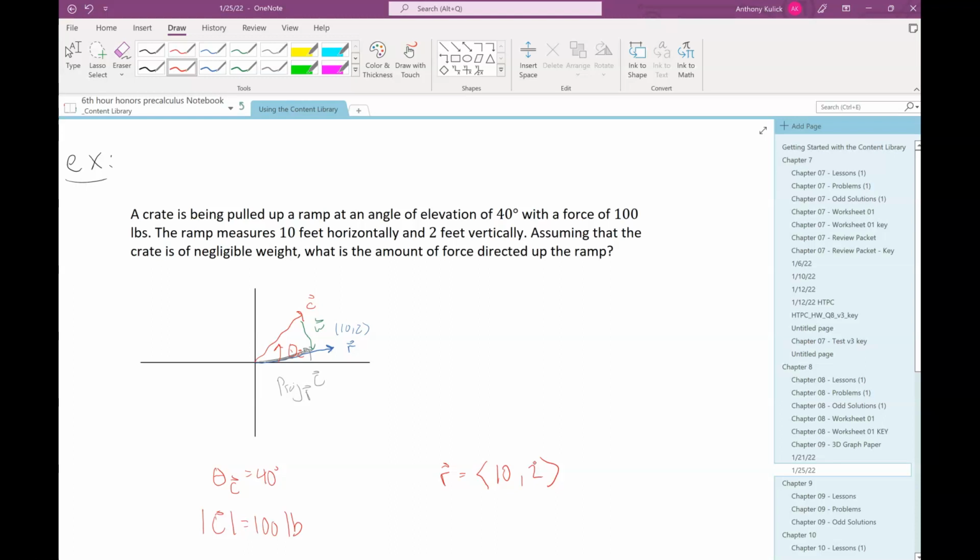Does that feel okay to you guys? What should we note here about the ramp, though? Definitely not a unit vector, right? The magnitude of this vector 10, 2 is definitely not 1. Clear as day to see that, right?